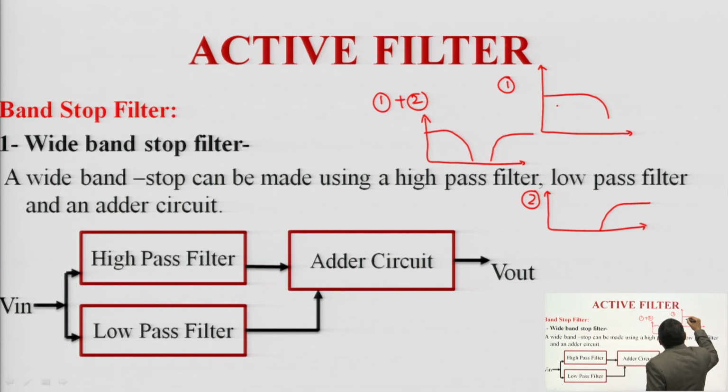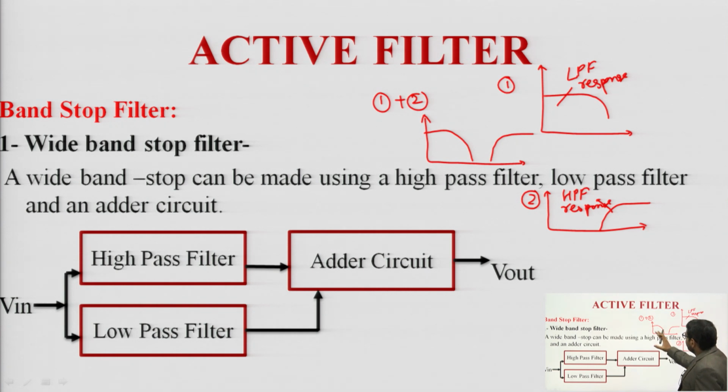So, signal 1 is the low pass filter response, and signal 2 looks like a high pass filter response. If we add these two signals, then we get a signal that looks like the response of a band stop filter.